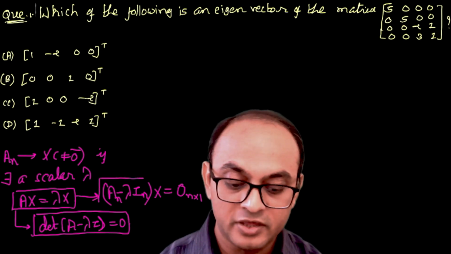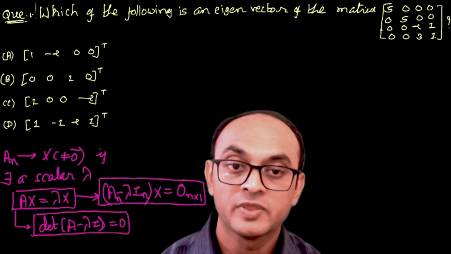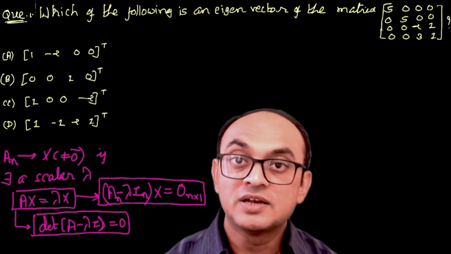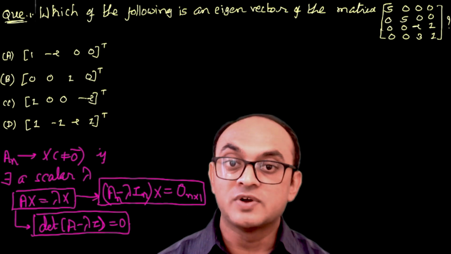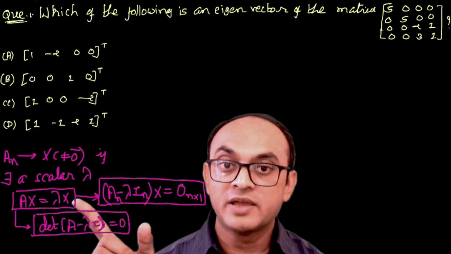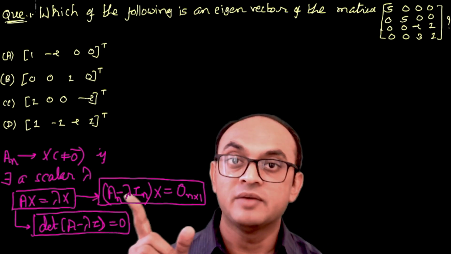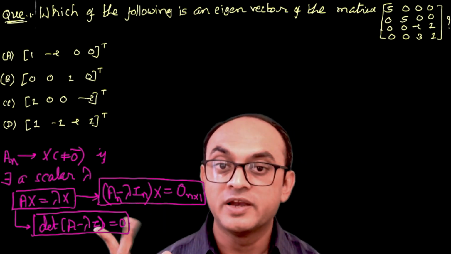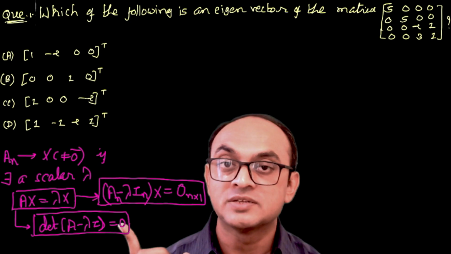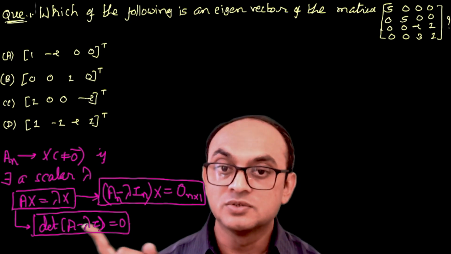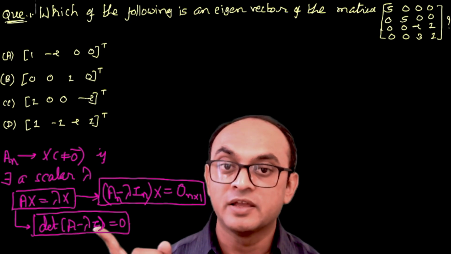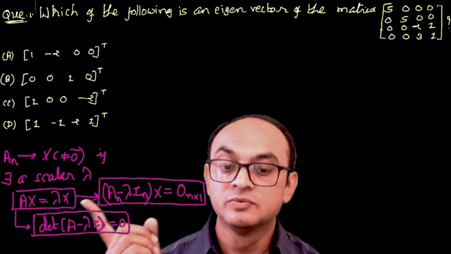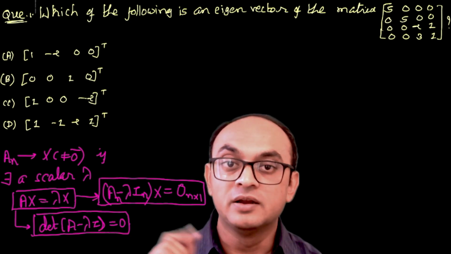So this is the third equation. These are three important equations here. The first is Ax = lambda x, its byproduct is (A minus lambda I) x = 0, and to find the eigenvalues we use determinant of A minus lambda I equal to 0. So this equation is used to find the eigenvalues, and these two for the eigenvectors.